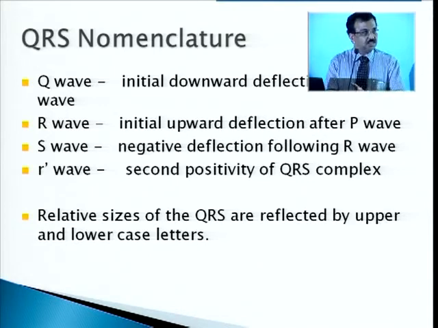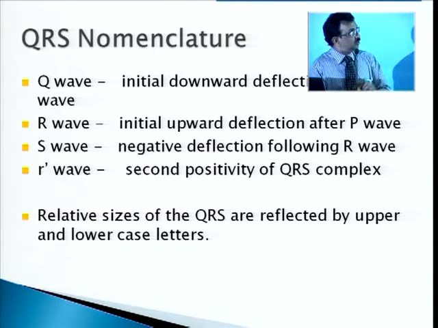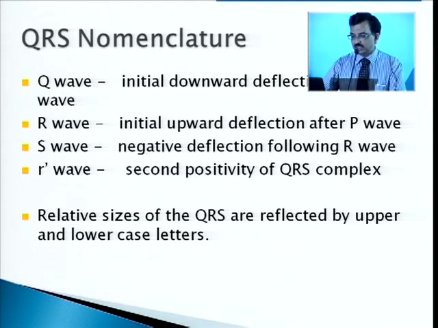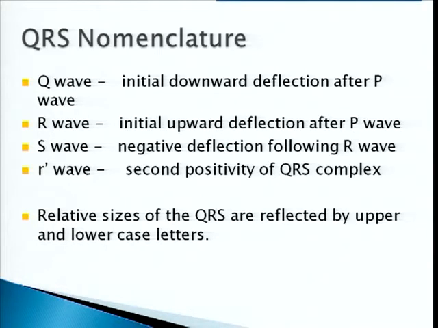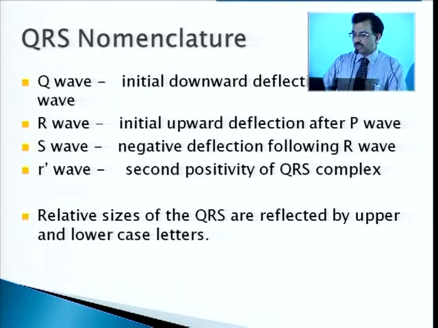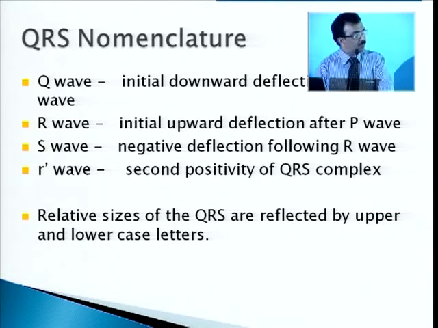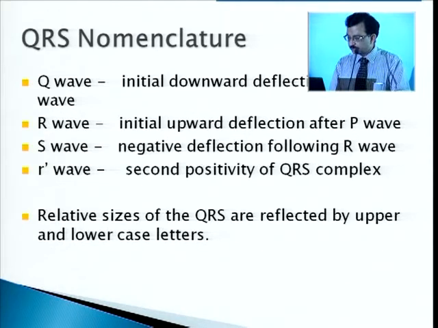The QRS complex consists of the Q wave, which is the initial downward deflection, and an R wave, which is the initial upward deflection. Then an S wave, which is a negative deflection, and the R dash, which is a second positive deflection. The relative sizes of the waves are reflected by upper and lower case letters.